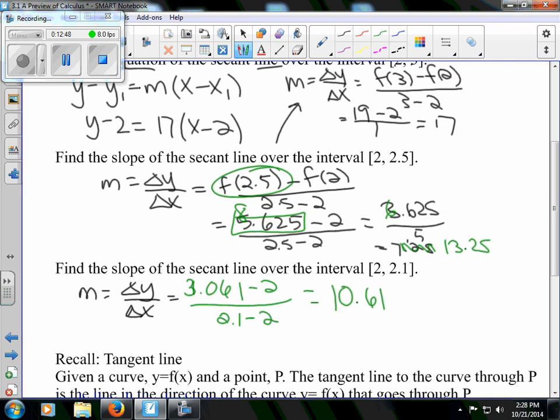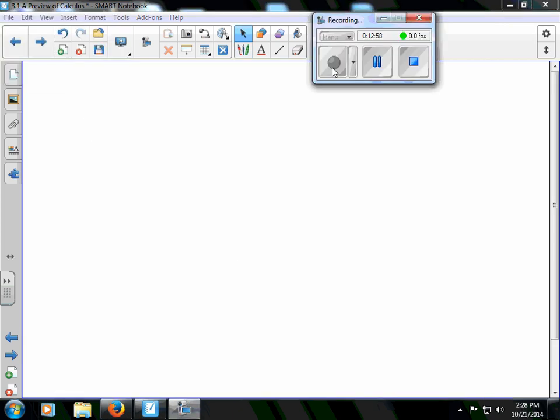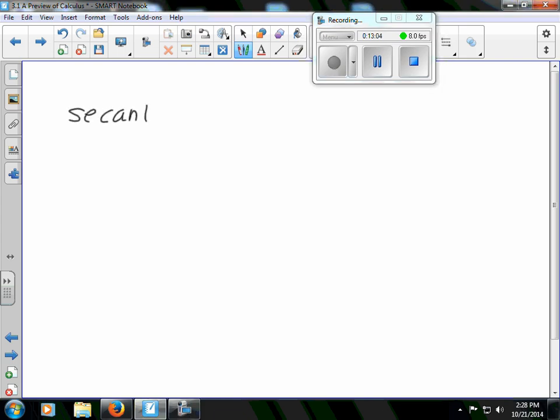Okay, so just to summarize what's going on here, I'm going to add a page. To summarize, I was finding secant line slopes. I found the slope of the secant line for the function f of x equals x cubed minus 2x minus 2.